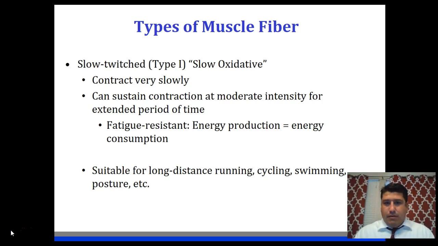And again, if you took that person with a high percentage of slow twitch muscle fibers, and you trained them alongside someone who has a very low percentage of slow twitch muscle fibers, and they did the same type of training, eventually the person with a high percentage of slow twitch muscle fibers is just going to become a better long distance athlete than the other.